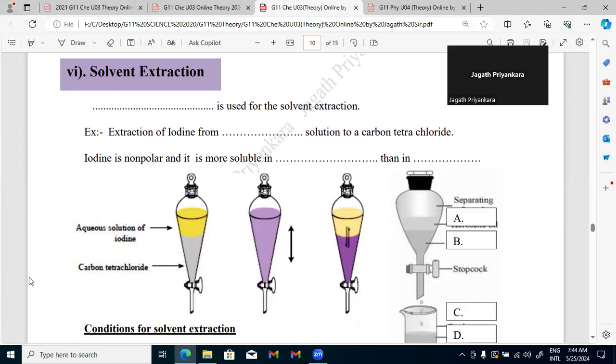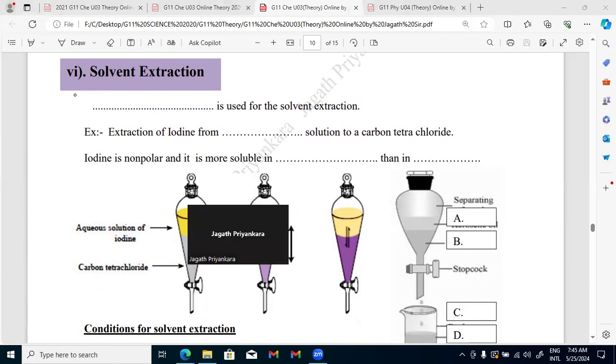This is called solvent extraction. Solvent extraction means extracting a solute using a suitable solvent. And the instrument we use for this is called a separating funnel. Can you label the rightmost figure as separating funnel?